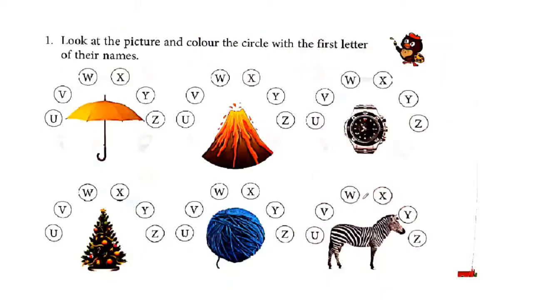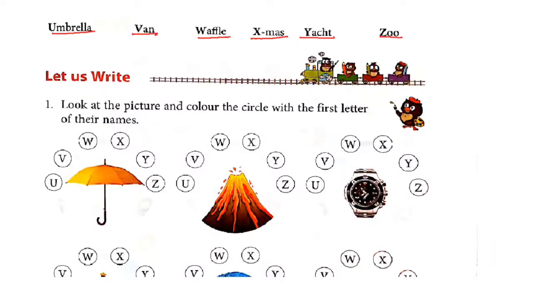Now question number 1. Look at the pictures and color the circle with the first letter of their names. You are given pictures, and around those pictures there are some letters given to you.